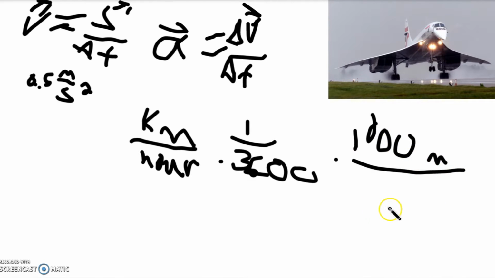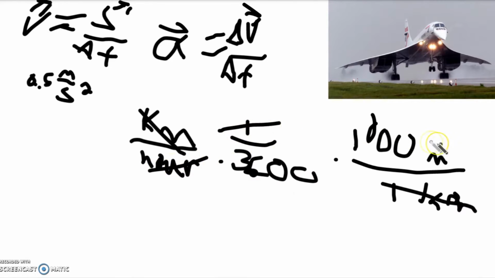Now the kilometers cancel out, so we just cross them out, and the hours also cancel out, and all we're left with is meters and seconds.